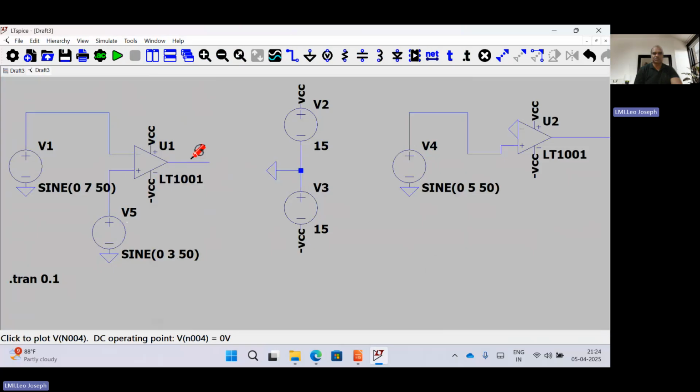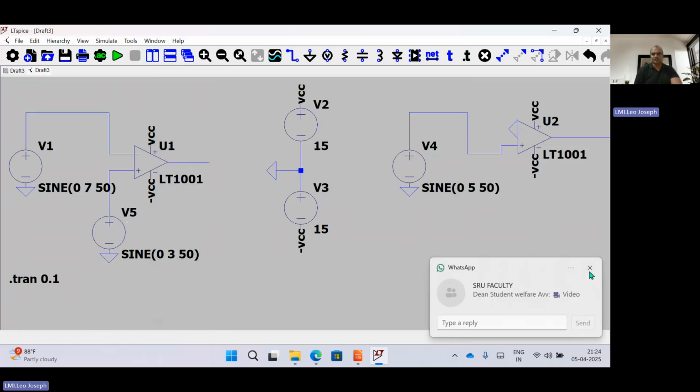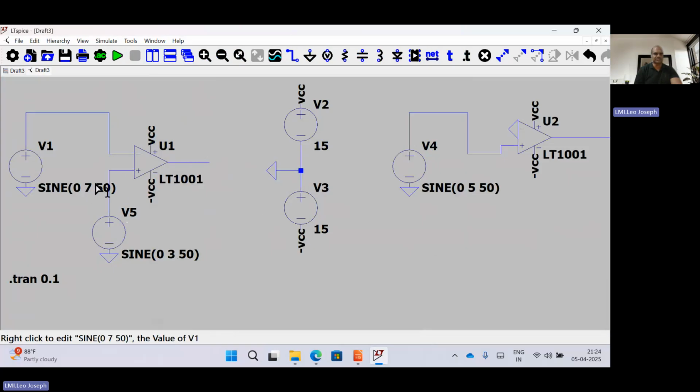So what will be the output? Initially, it will start from minus V saturation since it is the majority. After that, what happened? This 3 will become the majority, so it will change. So instead of starting from plus V saturation, now it will compare which is greater in magnitude, and minus V saturation will come as the output. That you can realize here.